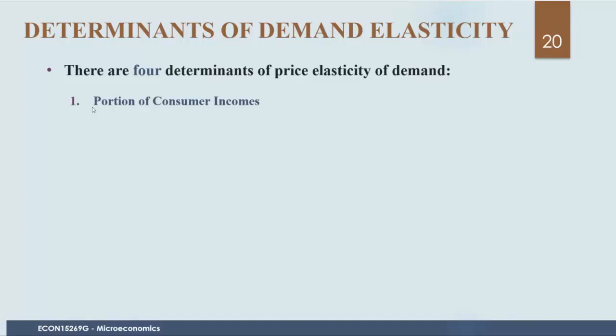The price of bubblegum is a very insignificant portion of someone's income, so, everything else constant, percentage changes in price there aren't going to have as much of an impact. But if you're looking at cars, or purchasing a home or boat, a 10% difference in the price makes a big difference, especially in terms of how much you're going to spend in total. So the proportion of your income that the price of that good represents is an important determinant.